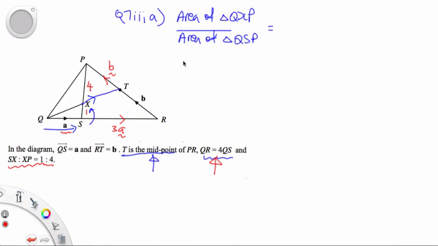There are 3 methods. Method 1. Now what is method 1? Method 1, check if the height is the same. If the height is the same, then you can use half base times height. That means the two triangles must have the same height.